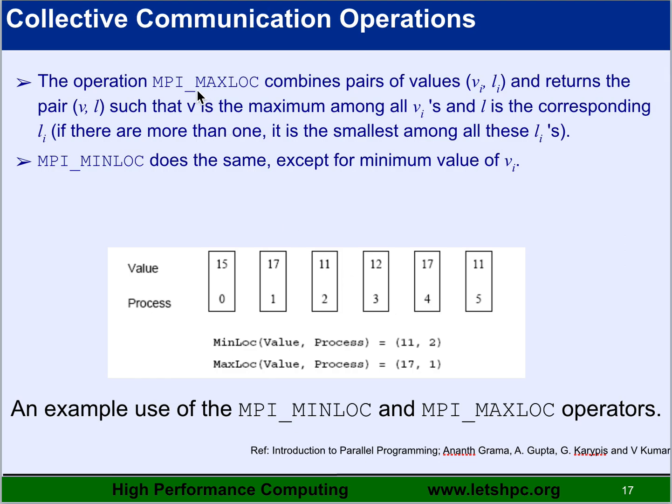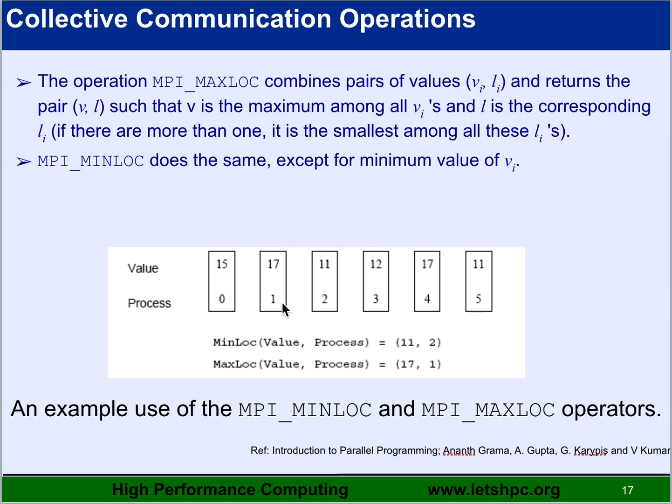If we call MPI max loc, it will return us the maximum value. So if you are using max loc, we can see the maximum value is 17, so it will return that value, and it will also tell us which process has that maximum value.